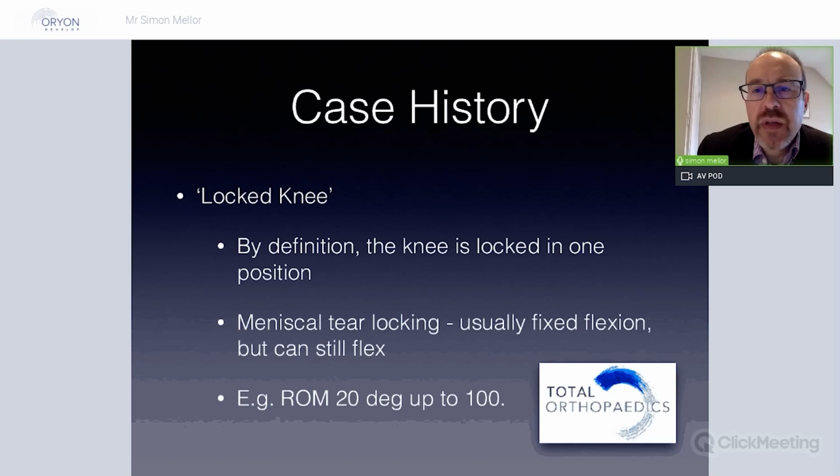So for example, somebody that attends the casualty department or the fracture clinic with a knee injury, and as a result of the injury they now have a knee that will not extend beyond 20 degrees of fixed flexion deformity, but they can flex the knee maybe up to 100 or 110 degrees. That would be suggestive of a displaced meniscal fragment resulting in blocking of the knee.